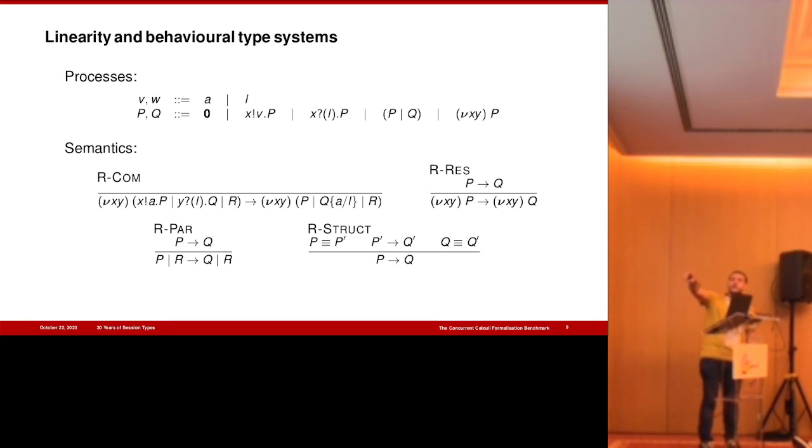Again, as you can see, after the reduction is performed, the process on the right-hand side, the process who receives, continues as Q, the syntactic continuation, with a substitution. Again, so much fun mechanizing substitution.